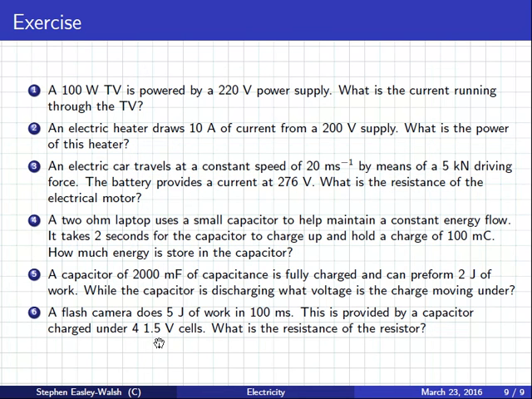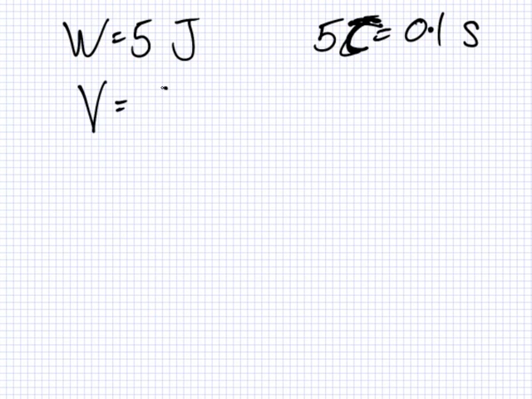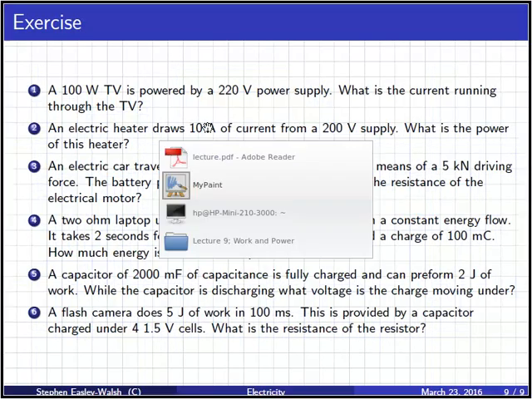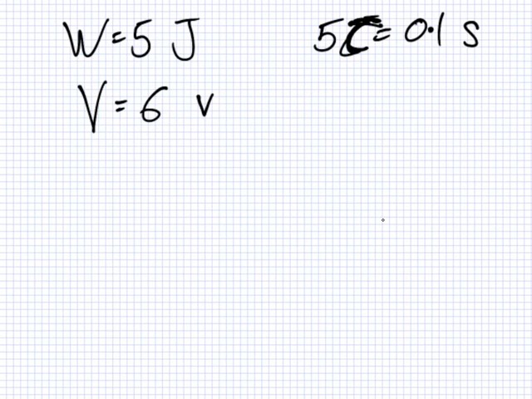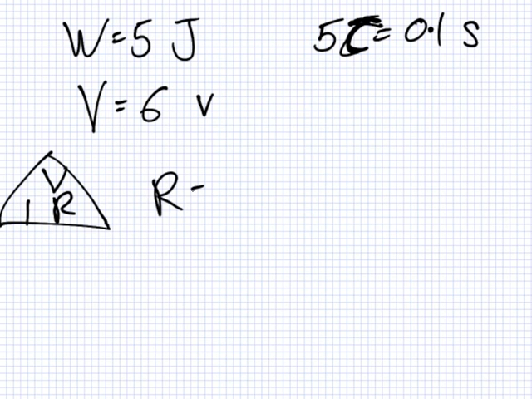So what is the total voltage if there's 4 of them? Multiplied, so the voltage equals 6 volts. And what do I want? The resistance. Right, so V equals IR, the resistance is V over I. Do I know I? No.